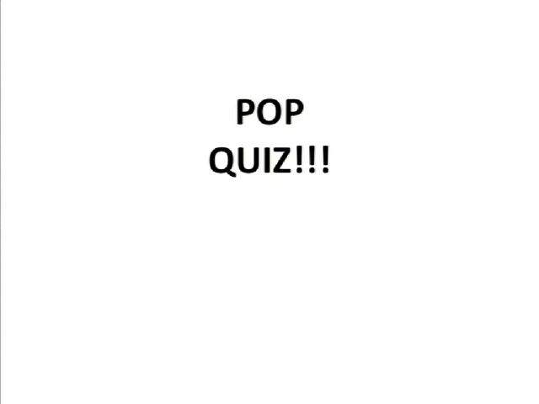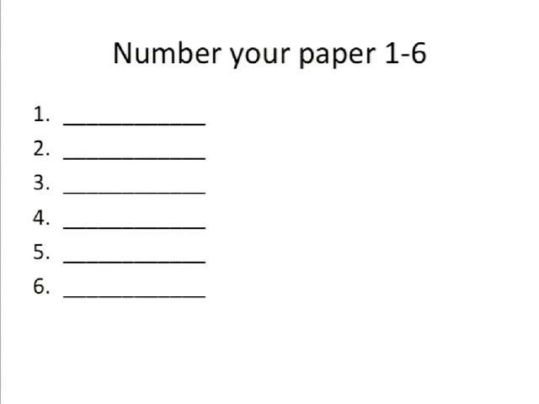All right. It says pop quiz. I'd like you all to get a fresh piece of paper and number it from 1 to 6, in a column: 1, 2, 3, 4, 5, 6.